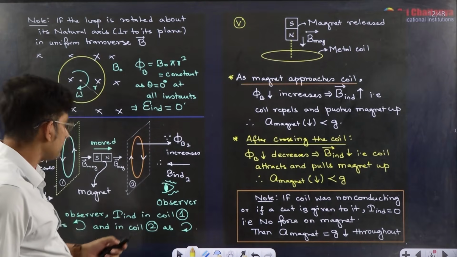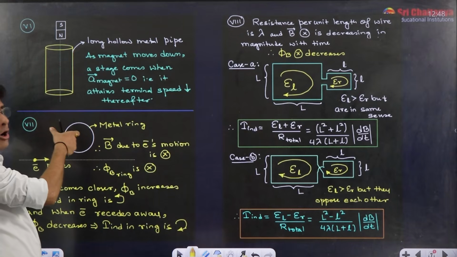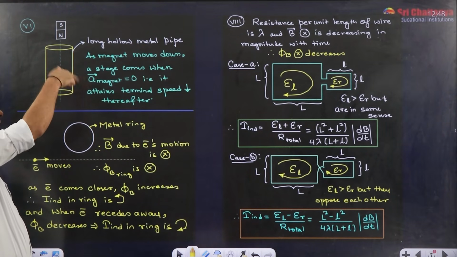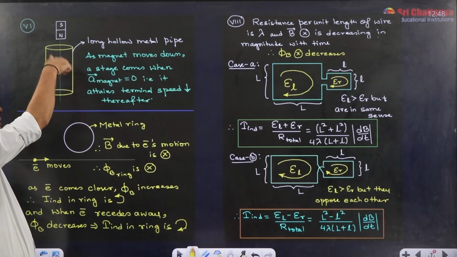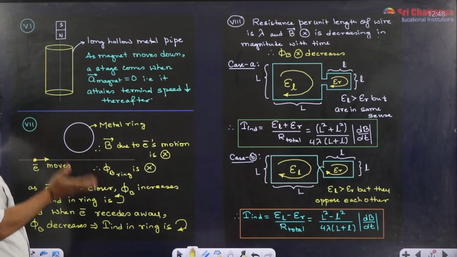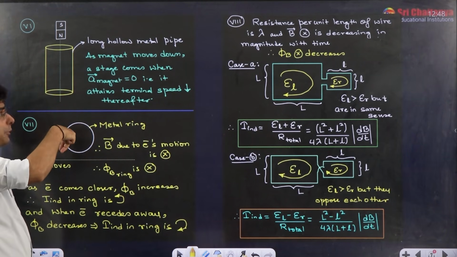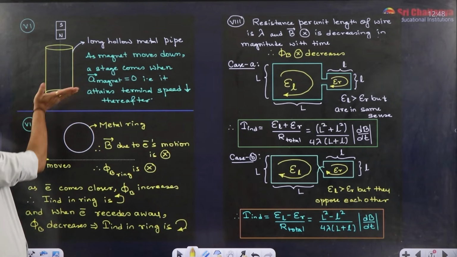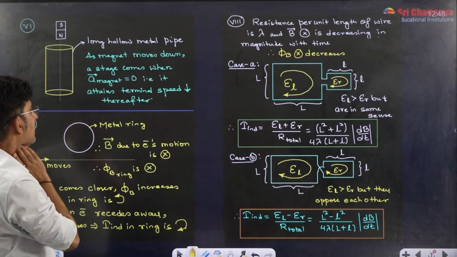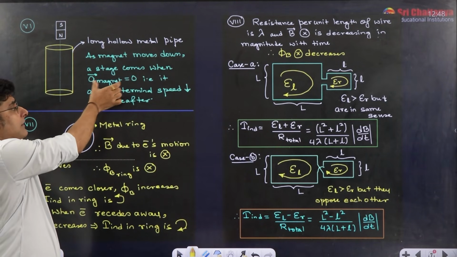Next we come to a long hollow metal pipe. As the magnet falls down, this metal pipe can be considered to be made up of an infinite number of metal rings. Some rings which it has crossed will pull it up, and some rings which it is going to approach will push it up. So overall its acceleration will become less, and finally a stage will come when the acceleration will become 0.